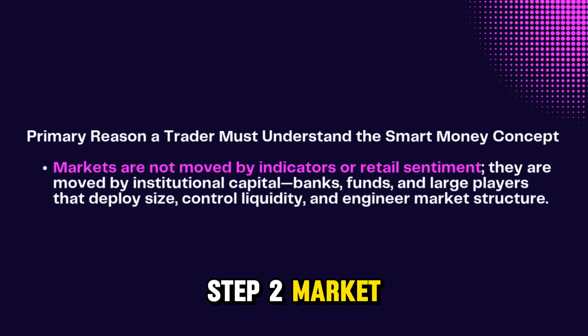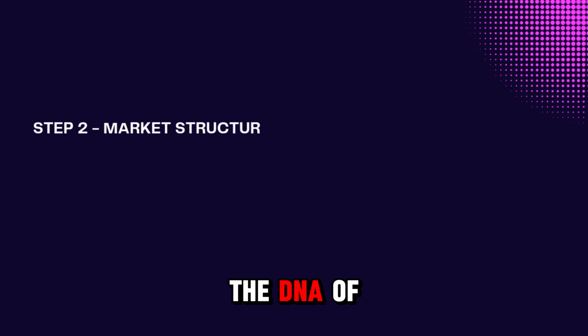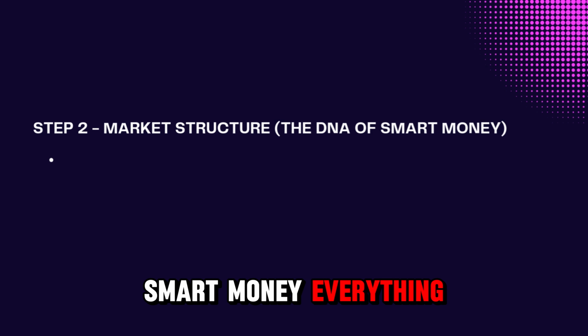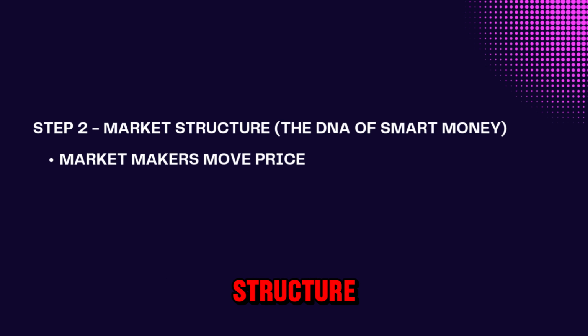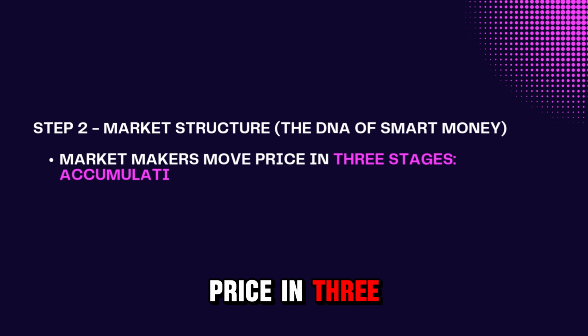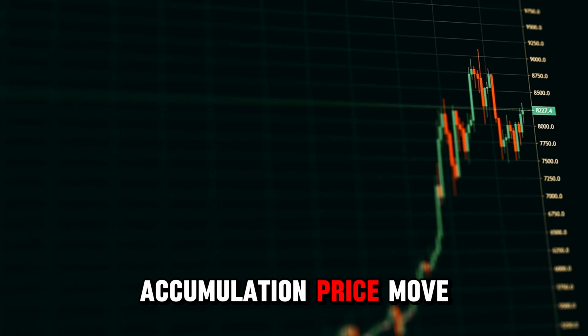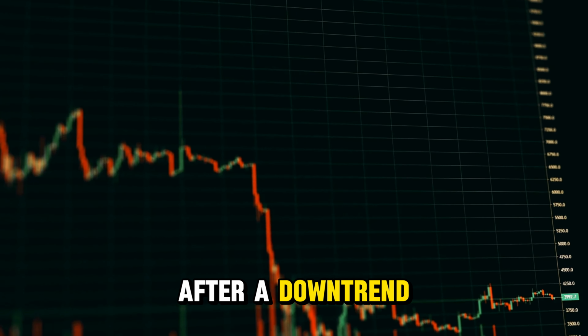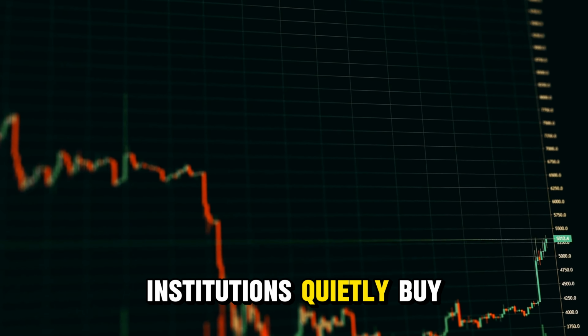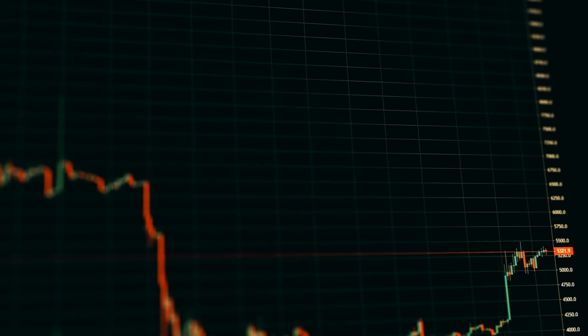Step 2. Market structure, the DNA of smart money. Everything starts with market structure. Market makers move price in 3 stages: accumulation, manipulation, and distribution. Accumulation: price moves sideways after a downtrend. Institutions quietly buy from retail sellers.